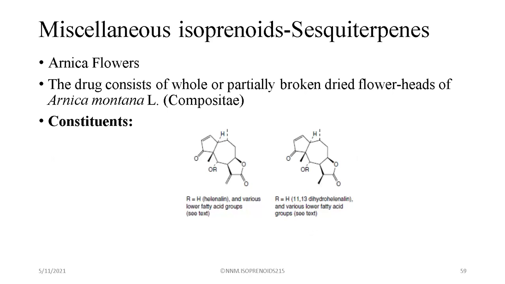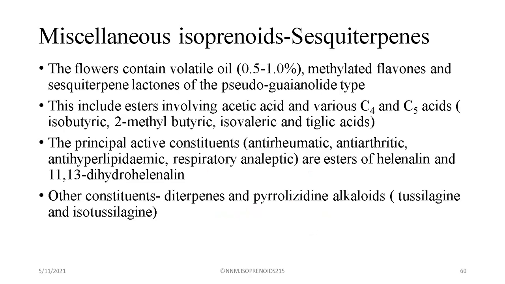This one is derived from either whole or partly broken dried flower heads. The flower heads are dried and crushed to give the active part of the Arnica flower. These are some of the constituents in the plant.